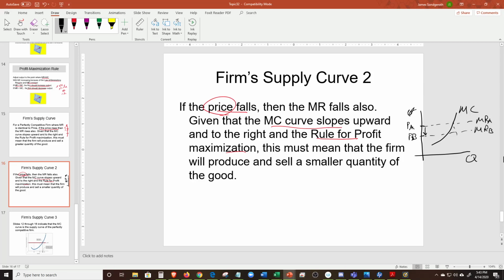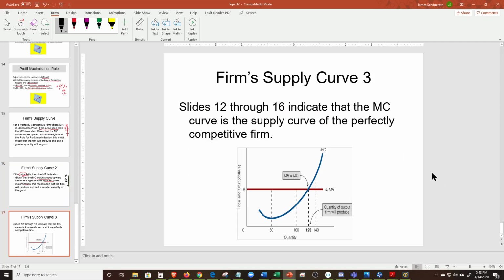The quantity produced and sold goes down.